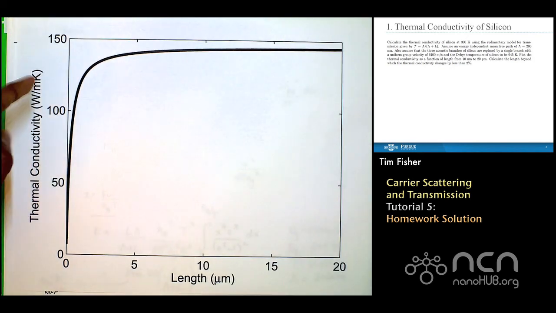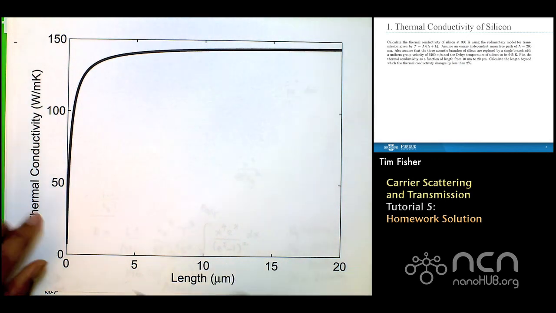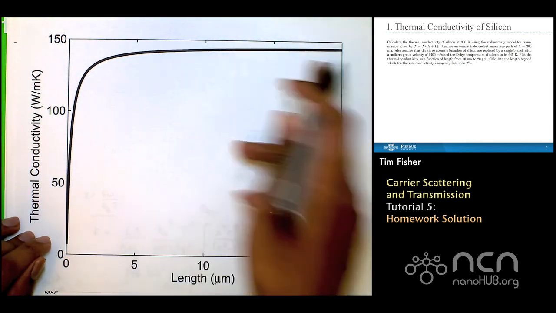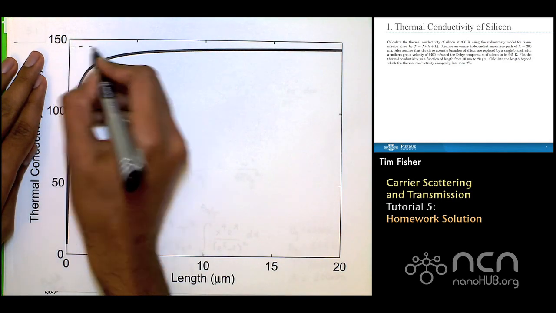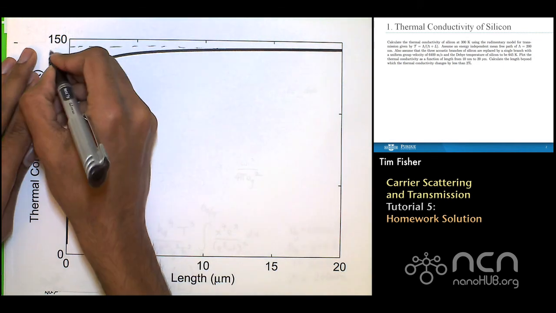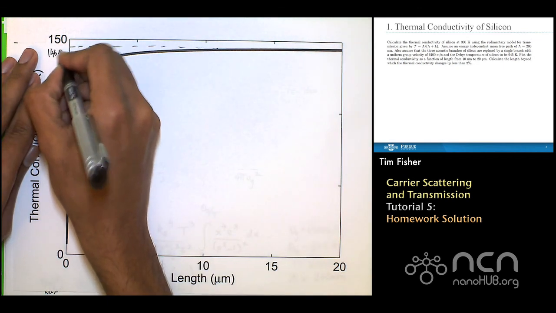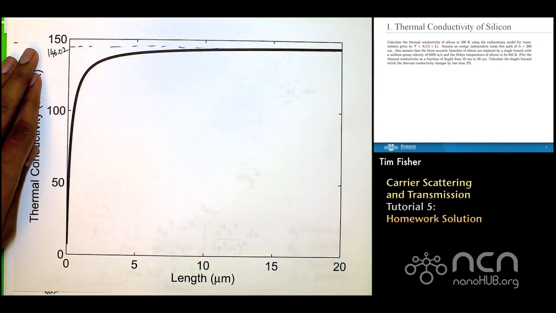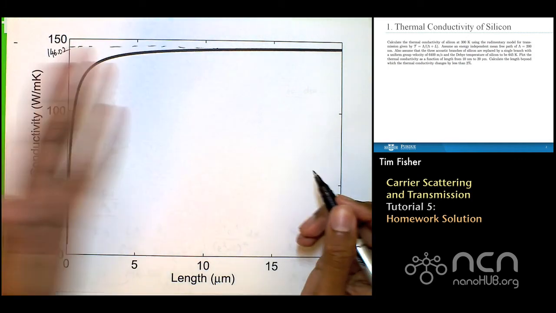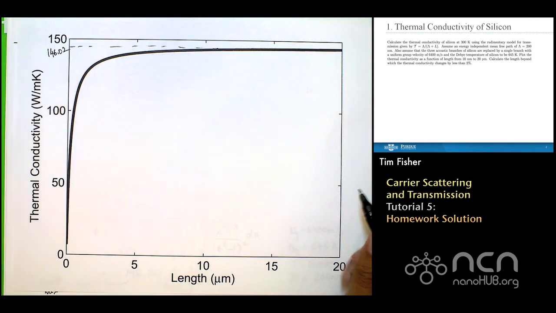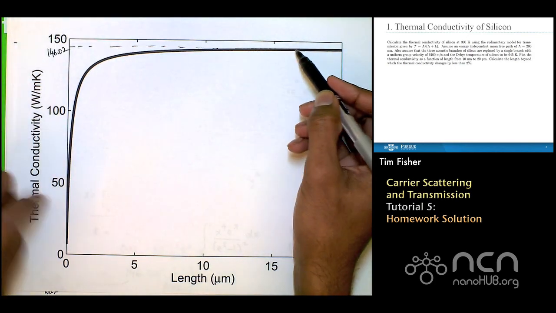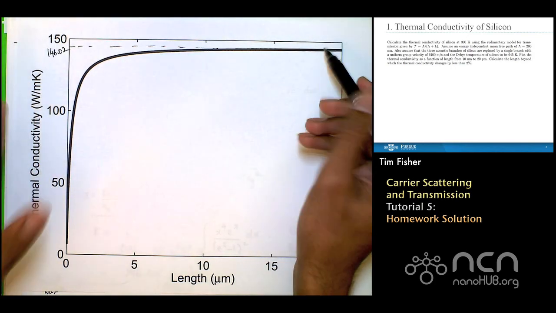So this is the thermal conductivity as a function of length, and as you can see, as the length increases, the thermal conductivity tends close to the bulk value. So the bulk value is somewhere here. That is the 146.02 that we calculated, and you can see that for all lengths greater than about 15 microns, the thermal conductivity calculated here is very close.